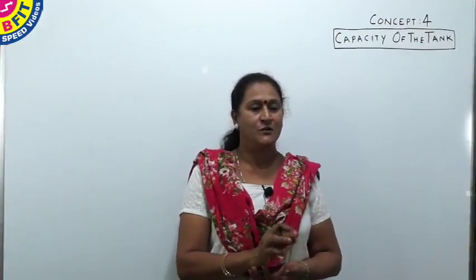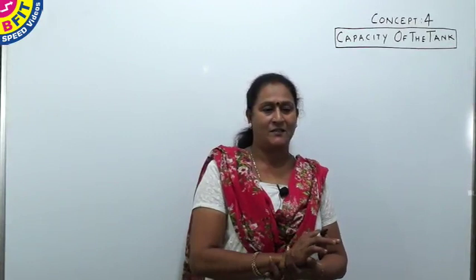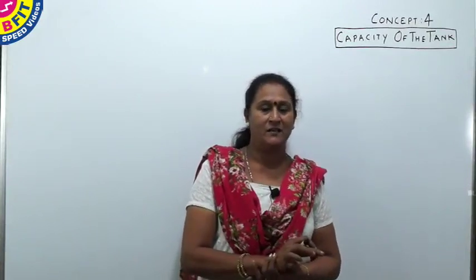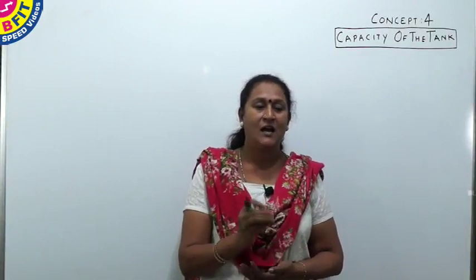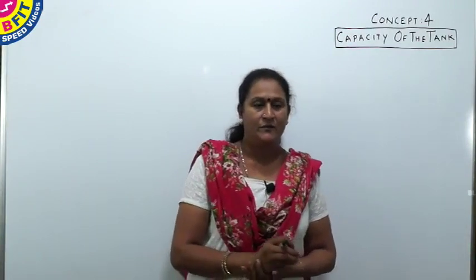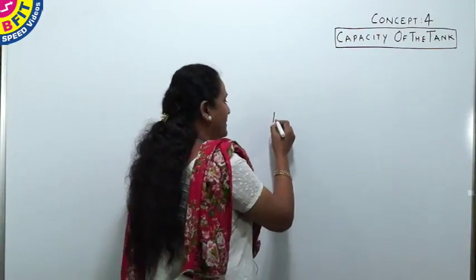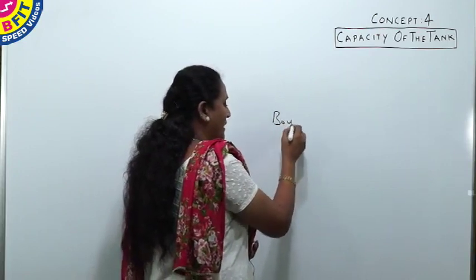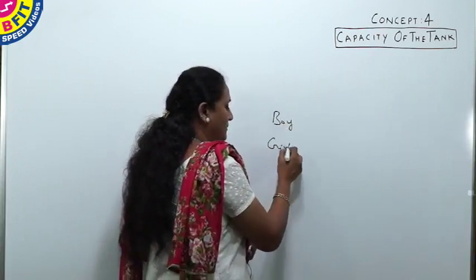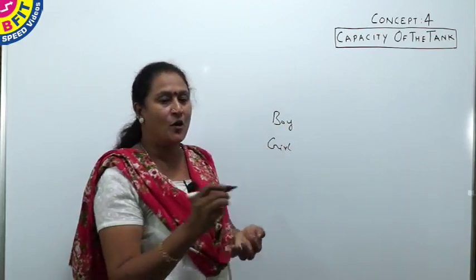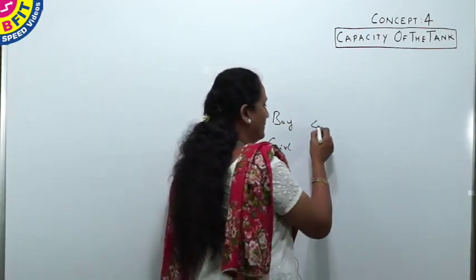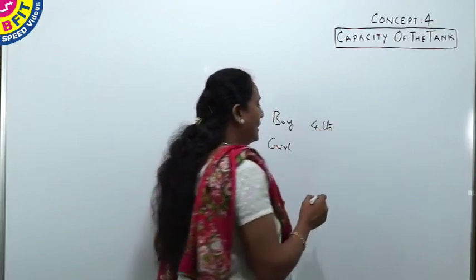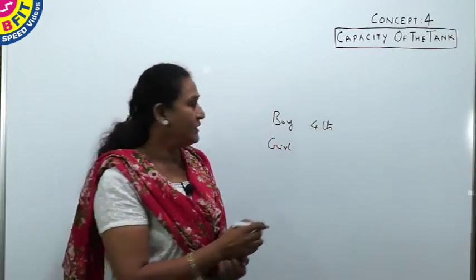In this also time is asked. We are dealing with the capacity, but instead of capacity they are asking the time taken to fill 100 liters of water. So there are 2 types of efficiencies, that is a boy and a girl. How many liters does this boy pour? He pours 4 liters of water in 3 minutes.